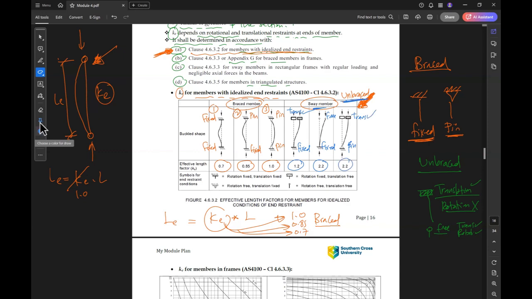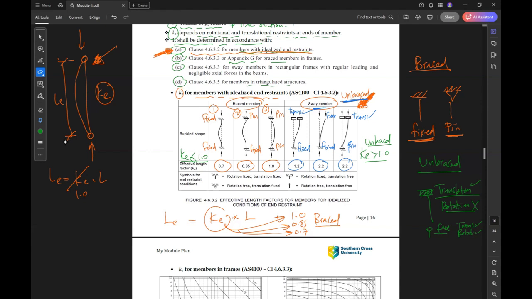From what we have discussed, keep in mind that K effective for unbraced is always more than 1, and for braced K effective is less than or equal to 1.